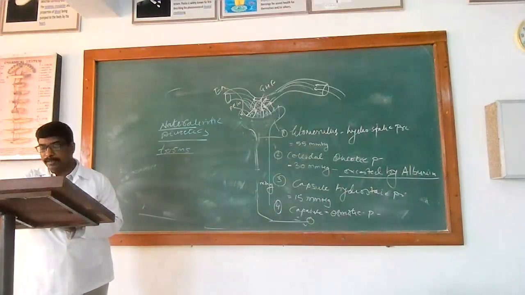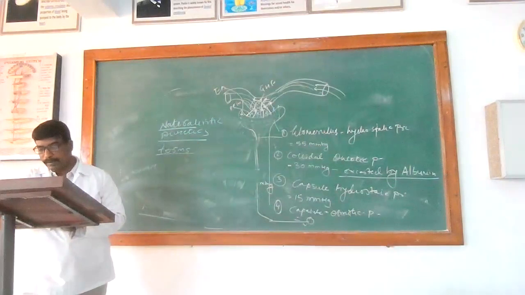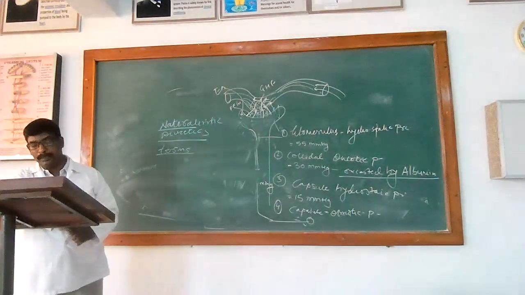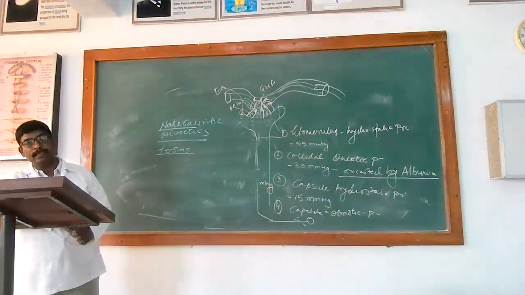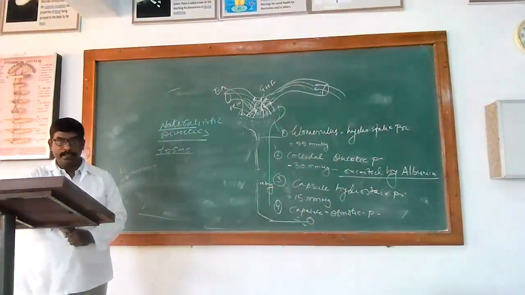So diuretics are the agents which increase urine volume or urine output. Most of the drugs which increase the sodium output in the urine also increase the water output, which means they are natriuretics as well as diuretics.